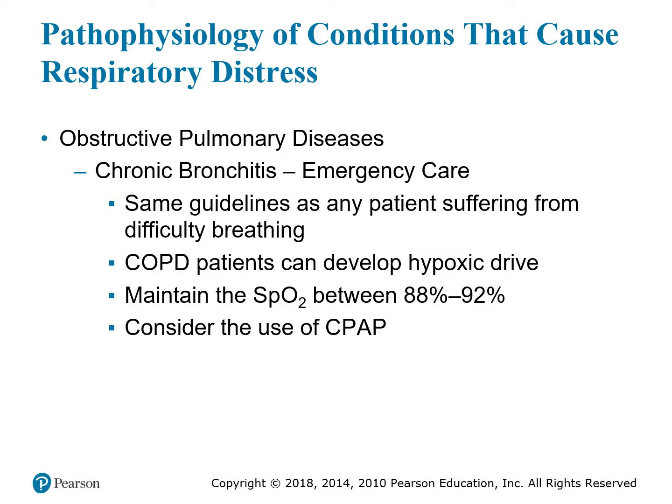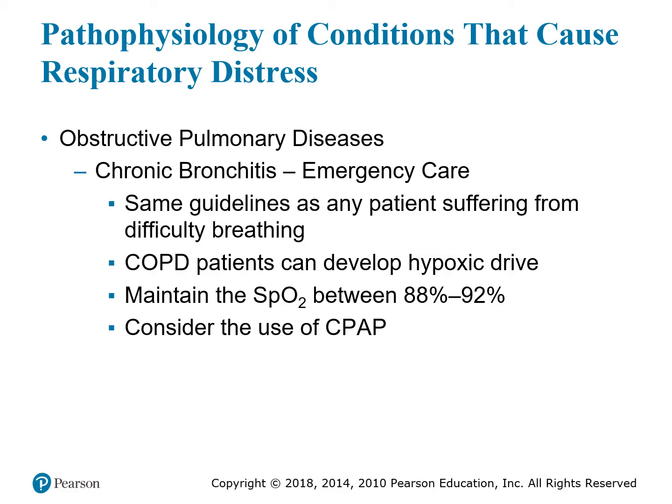As we're managing patients with COPD, we're going to follow the same guidelines as any patient suffering from difficulty breathing, where you're going to provide supplemental oxygen. What we're trying to highlight in this slide is that many COPD patients can develop a hypoxic drive. If you remember from Module 2, we talked about how most normal healthy individuals breathe through the hypercarbic drive, where our ventilations and breathing are stimulated by the amount of CO2 in our bloodstream.